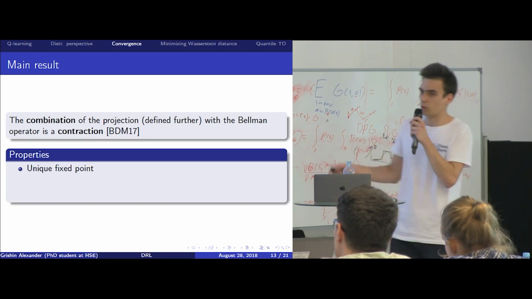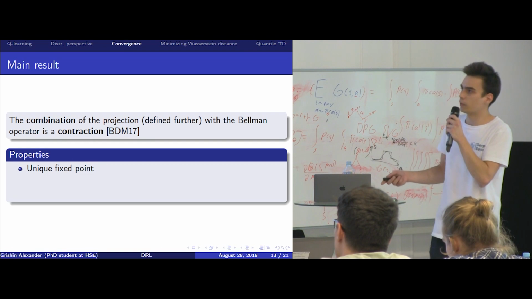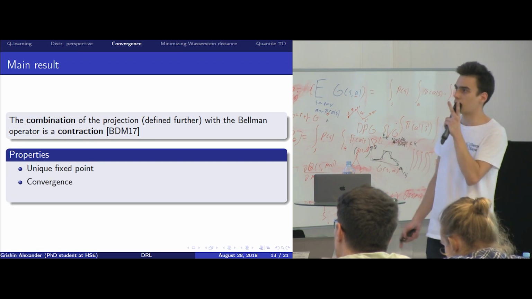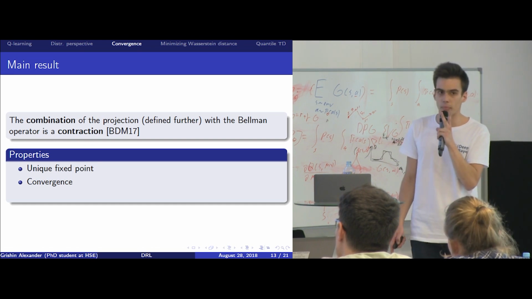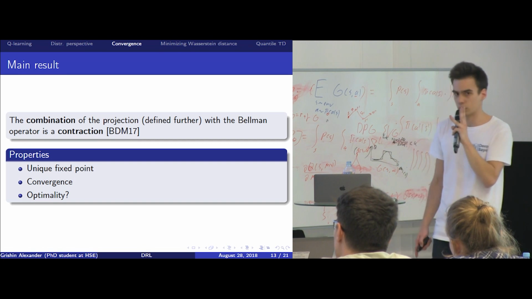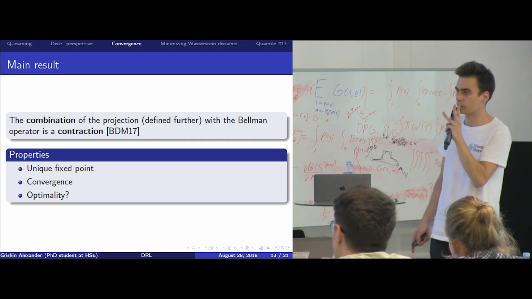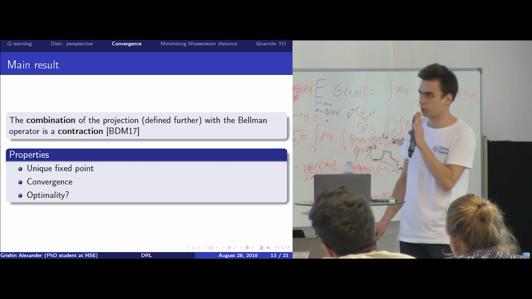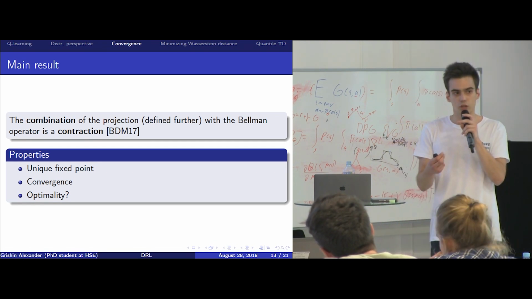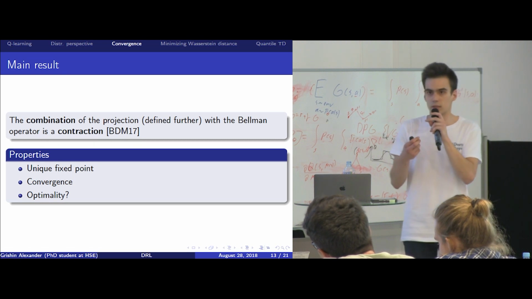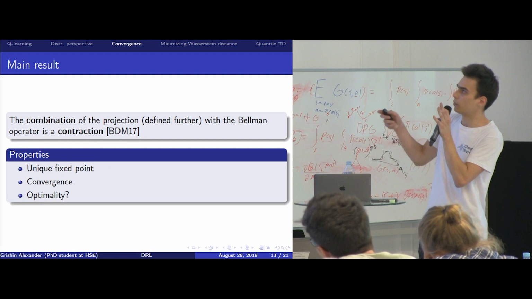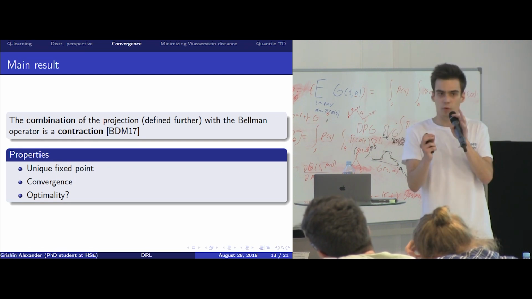And so after that, we also have a unique fixed point from the contraction, and also convergence, but optimality is a question, and it is, as far as I know, an open question for now, because with some approximations, we necessarily converge not to the fixed point of just the Bellman operator.